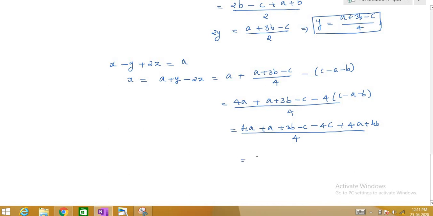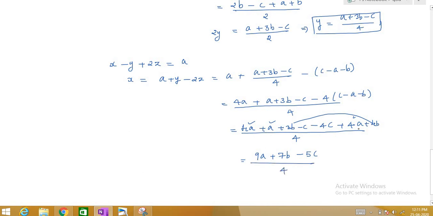So there are three terms of a, so I'll have 4a plus 4a plus a is 9a, and there are 2b terms, so it will be 7b, and I will have minus 5c by 4, right?